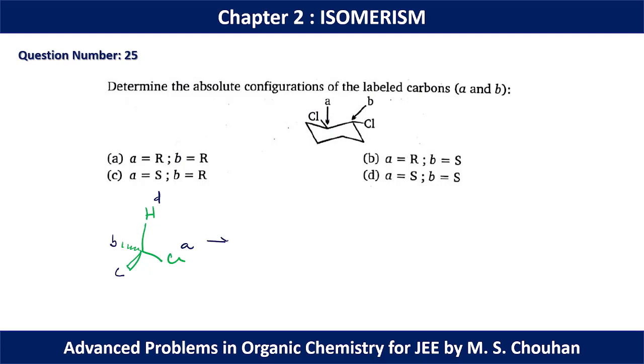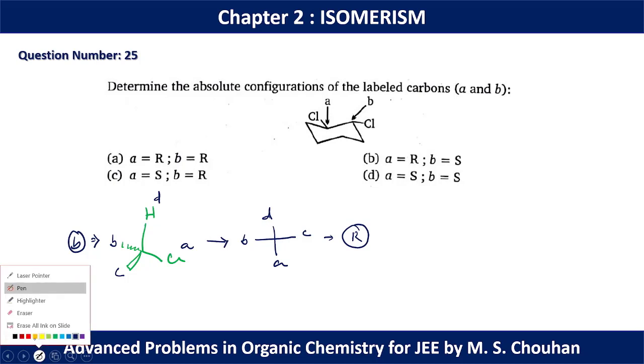Now if we draw a simple form of the Fischer projection, we can have this kind of situation, and this is R configuration. Okay, so the center B is R configuration in nature.